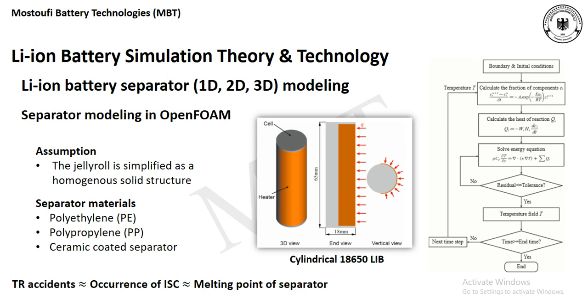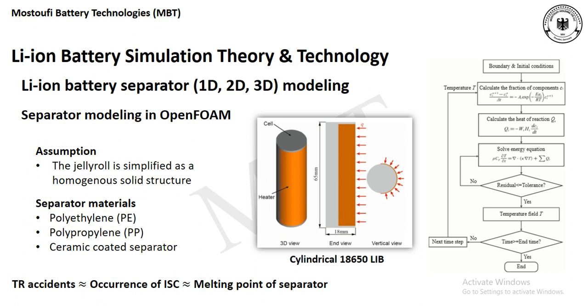In this simulation, as you can see on the right side, we have the flow chart of the modeling. First, in the OpenFOAM software, you need to work on the boundary and initial conditions. Then you need to define different fractions of the components available in the battery active component.